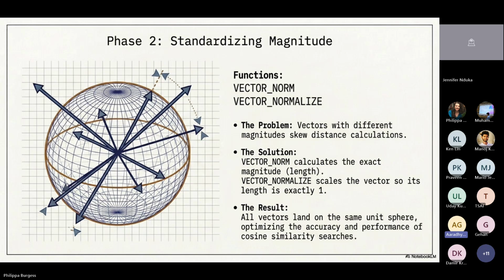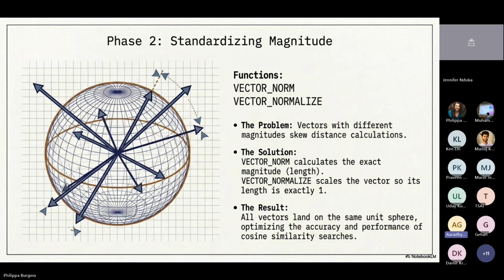This means that we no longer have to choose between the high accuracy of cosine and the raw speed of the dot product. By standardizing our magnitude, the database can execute lightning fast dot product calculations at the hardware level while delivering perfectly accurate semantic search results to our users.